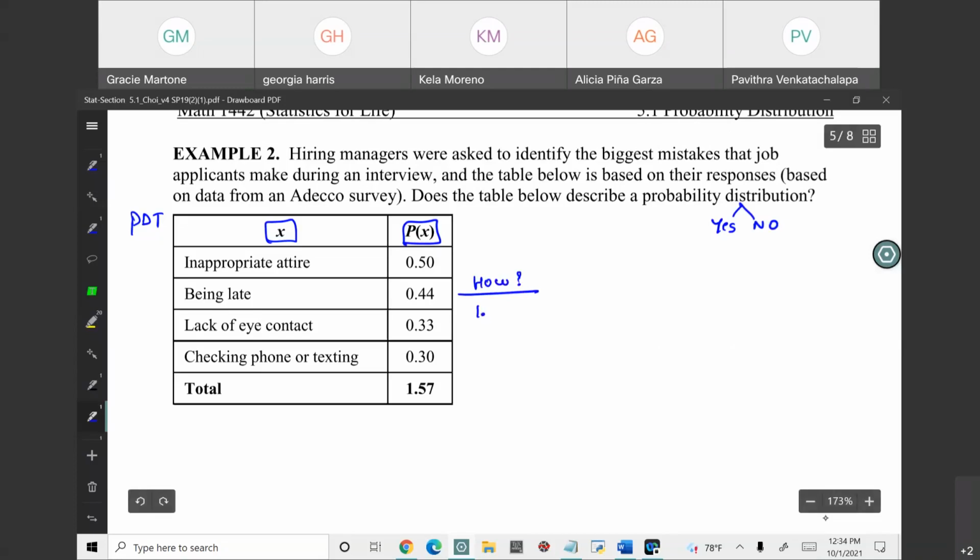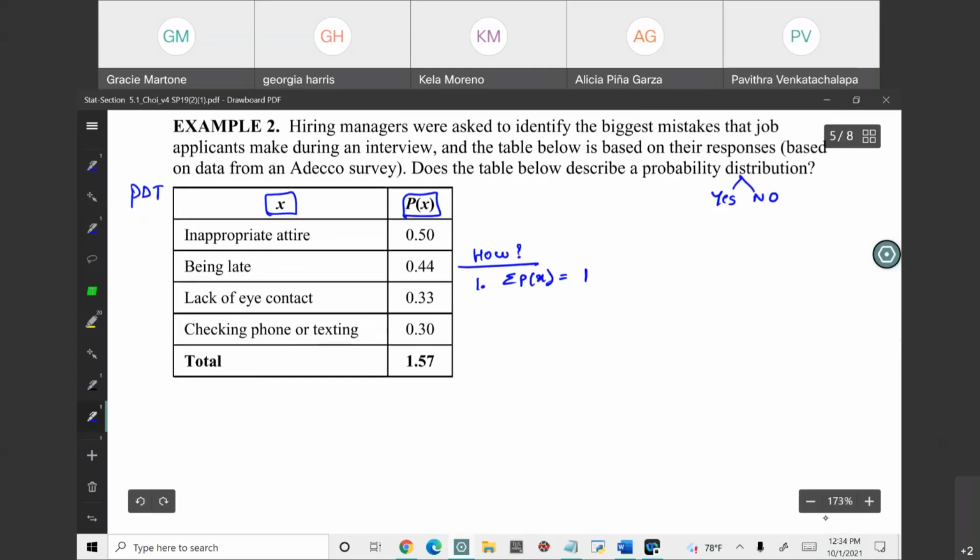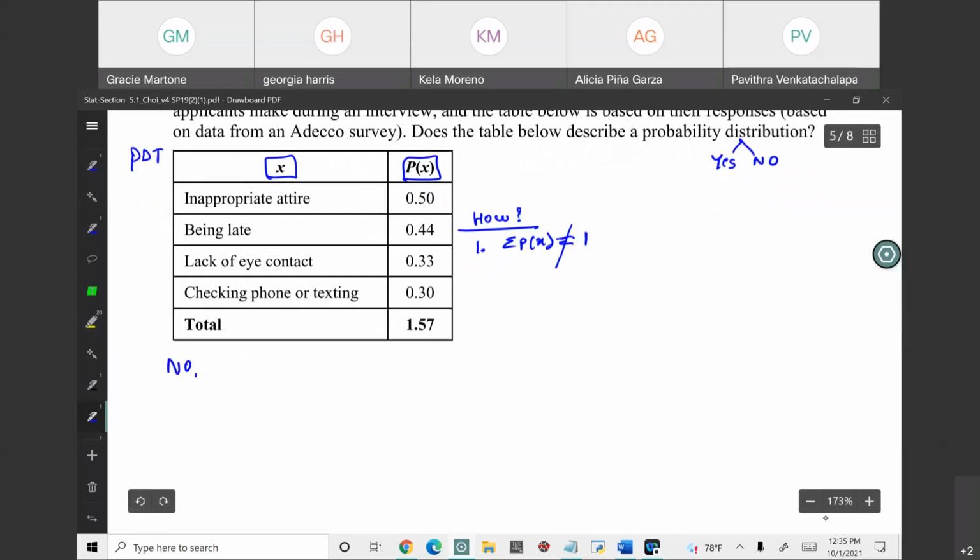First one was summation of P of X must be equal to 1, right? Now for this table, will that hold? Is summation of P of X equal to 1? No, right? It is not equal to 1. So you don't have to go for the second requirement. Here I can conclude that no, it is not a probability distribution table. Okay, very easy.